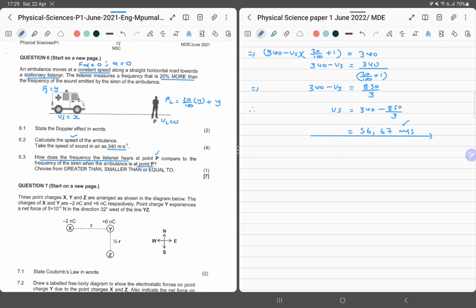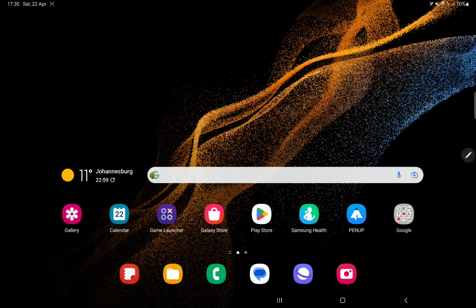Okay, this one is a simple question. So 6.3, it is equal to, because at P, that guy will hear exactly what is being emitted because it's as if that is stationary for that moment it passes him. So you get your 1 mark and you move on.